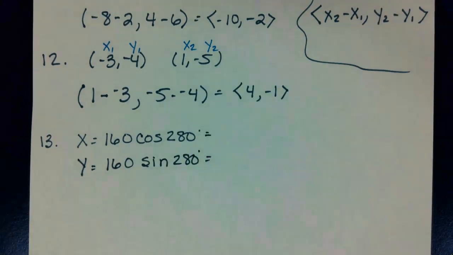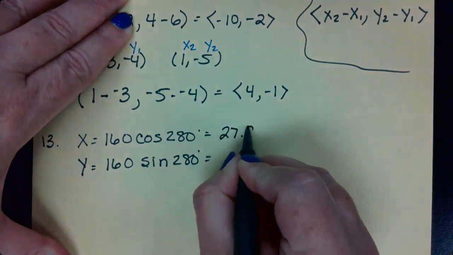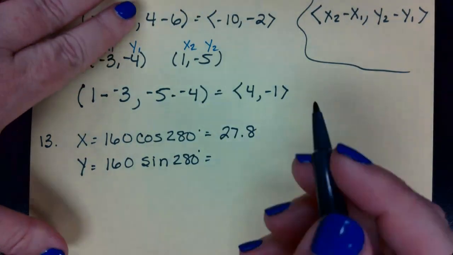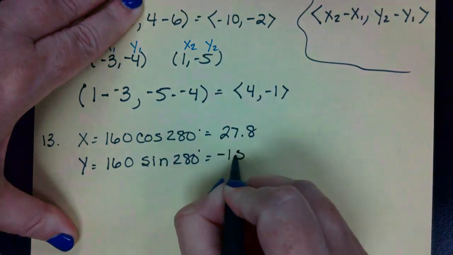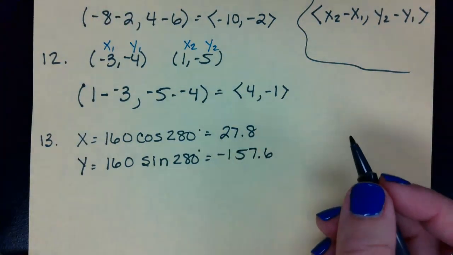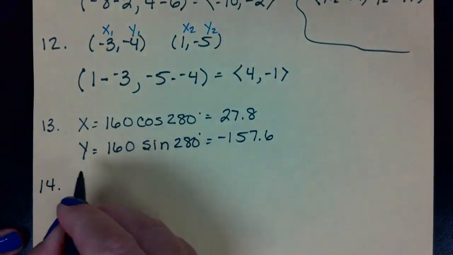And we have 116 cosine 280. So 20.1. And then 116 sine of 280. And I get negative 114.2.